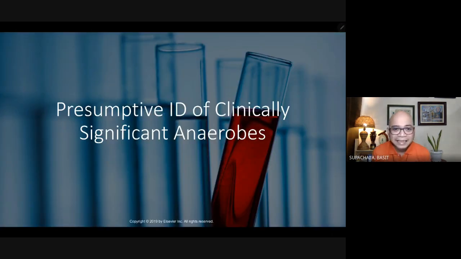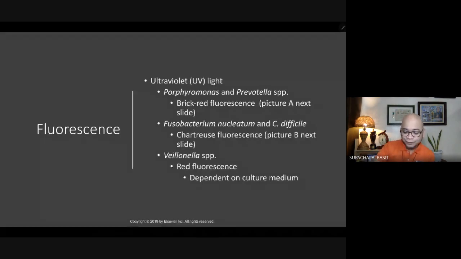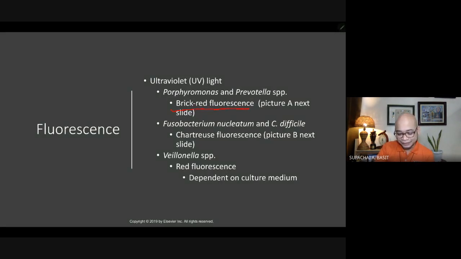Now, let us discuss the presumptive identification of some clinically significant anaerobic bacteria. One of the tests that we can possibly do is the fluorescence test, for which we use ultraviolet light. For Porphyromonas and Prevotella, there would be a brick red fluorescence.